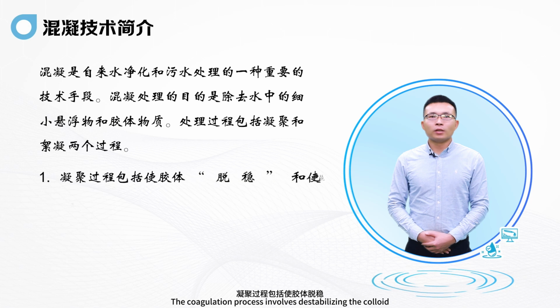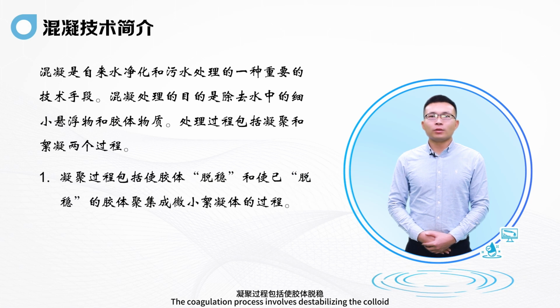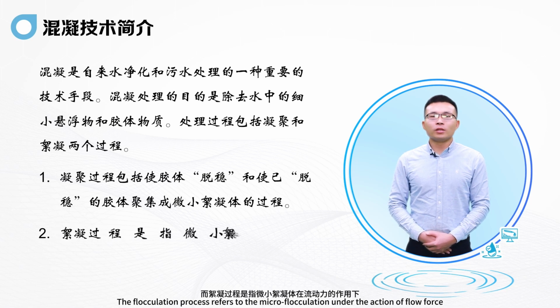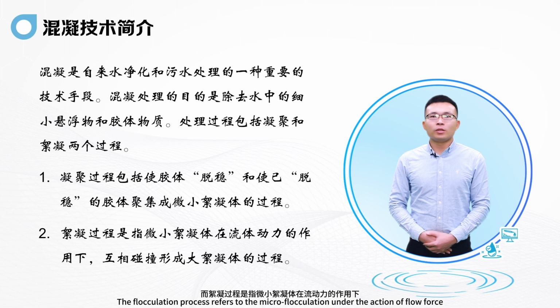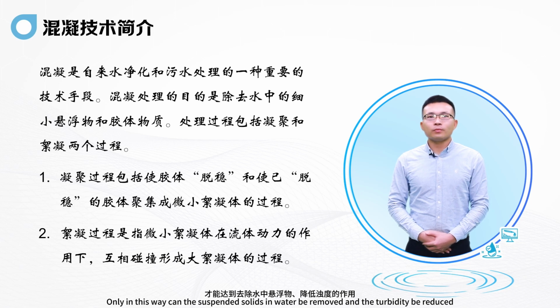The coagulation process involves destabilizing the colloid, and aggregating the destabilized colloids into tiny flocs. The flocculation process refers to the micro-flocs, under the action of flow force, colliding with each other to form large flocs. These two processes often occur at the same time. Only in this way can the suspended solids in water be removed and the turbidity be reduced.